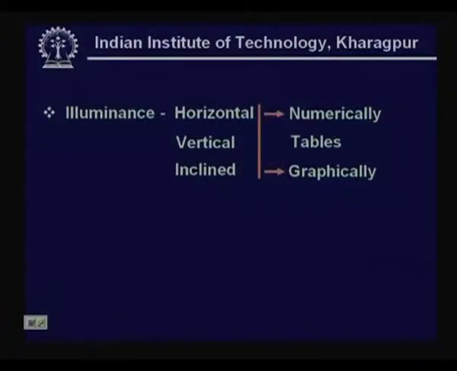So, what are the things that are to be assessed? We are always talking in terms of the recommended levels. Like I say that most theaters and classrooms should have an average illuminance of 300 lux.